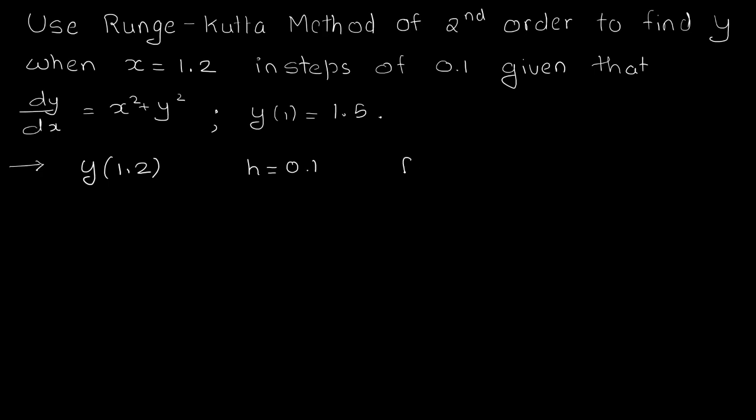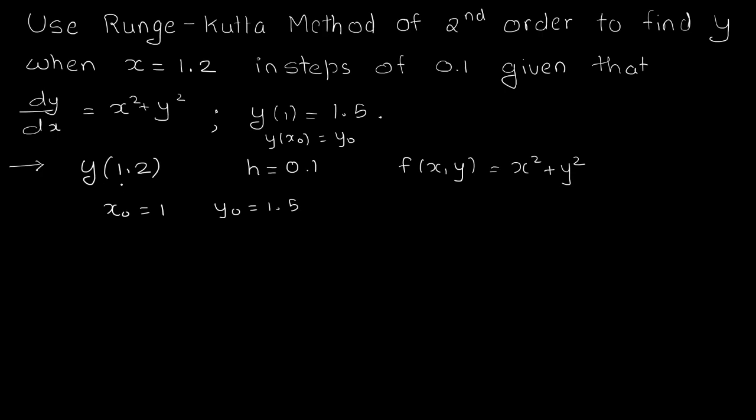Now from this we know that f of x comma y is x square plus y square. And with these initial conditions, we have x naught to be 1 and y naught to be 1.5.